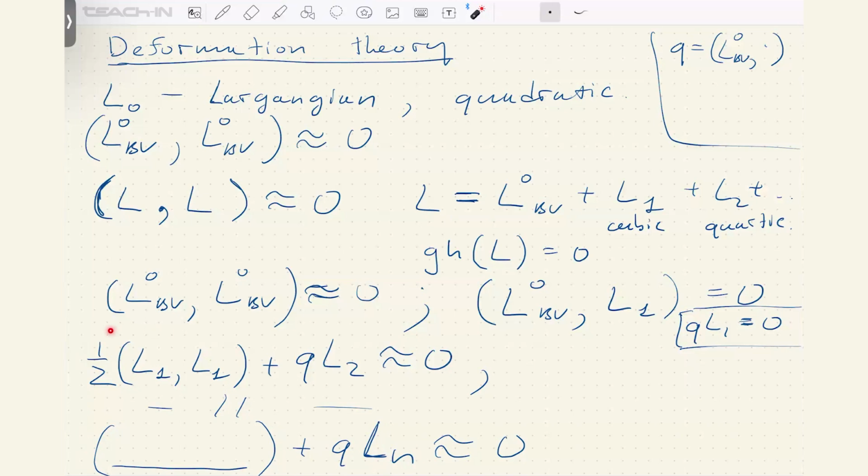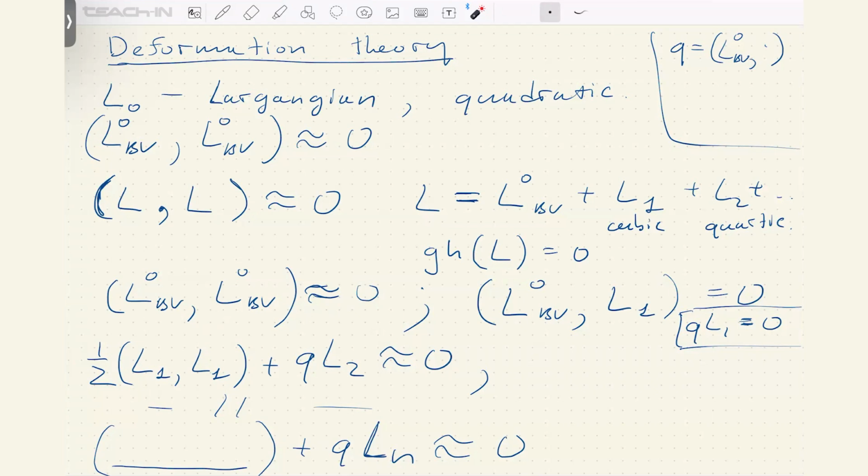What is important is the cohomology class of this guy. If we act with Q on it, we get 0 because Q differentiates the bracket and QL1 is 0. So we know that this is a cocycle, but what this equation tells us is that this is a coboundary. And on general grounds, you can't show that this is a coboundary. So in principle, there can be an obstruction.